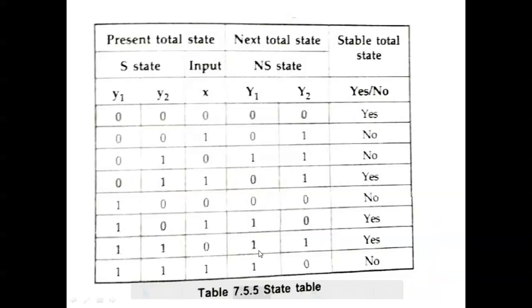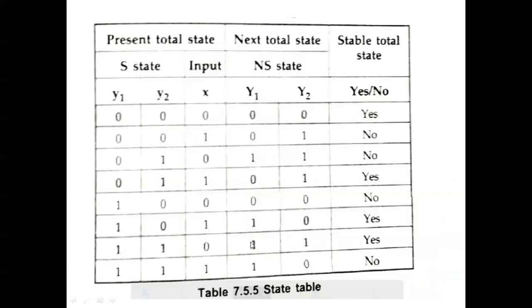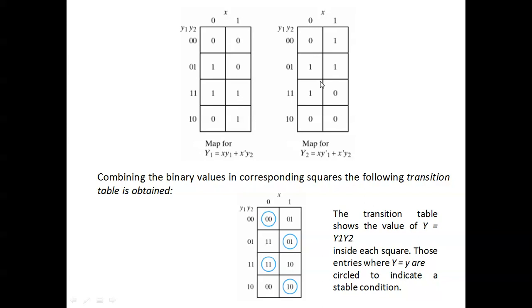The capital Y1 map is like a K map, with 0 0, 0 1, 1 1, 1 0. Similarly there is a K map for Y2. If you combine these binary values, we can say this is the transition table: y1 y2 as 0 0, 0 1, 1 1, 1 0, with next states 0 1, 1 1, 1 0, 0 0, 1 0. So this is the transition table.